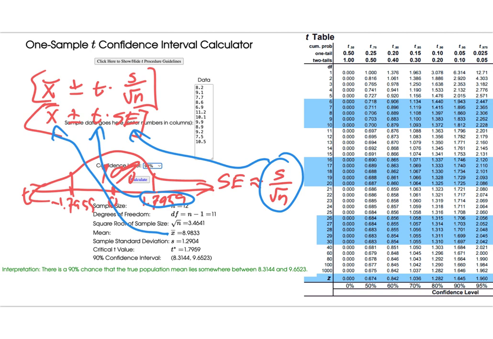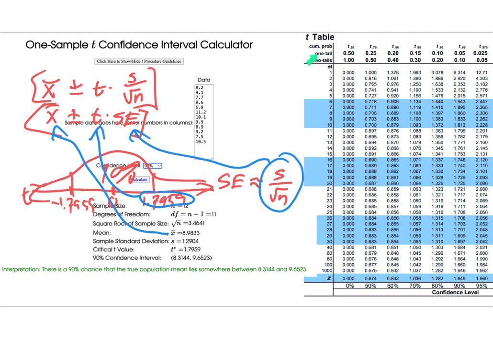So in this case, we were doing a 90% confidence interval. The t-distribution actually has the confidence intervals at the bottom, 90% on the table. Or you can look across the top and say, well, 90% here means 10% is left over, which means this end is 5%, and this end is 5%.